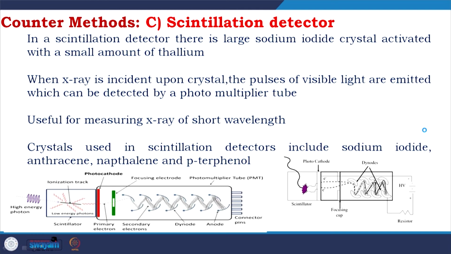Crystals used in scintillation detectors include sodium iodide, anthracene, naphthalene, and p-terphenyl. If you look here, they have the conductor pin which you could install anywhere. This is the anode, and you have the scintillation which is hitting the cathode, and these are parts of the photomultiplier tube which enhances the signal.